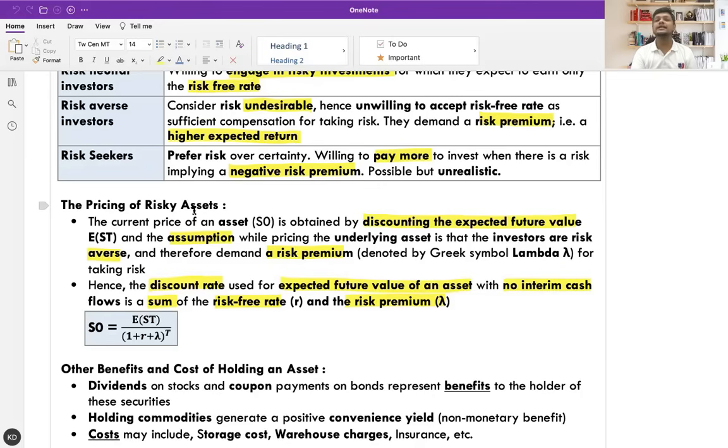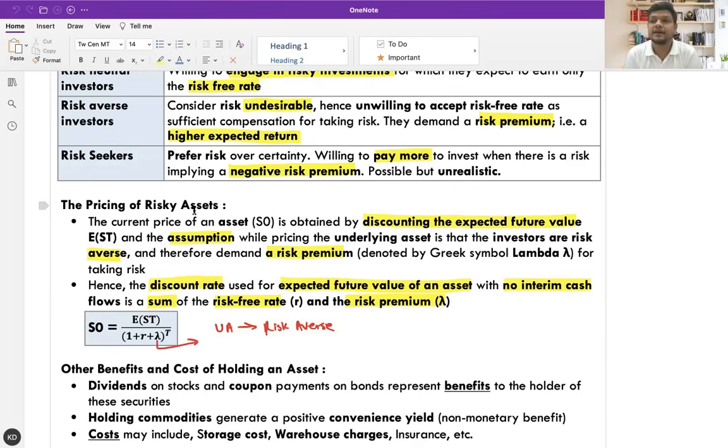And I'm not going to discount that with only the risk-free rate, but I'm also going to add one more thing, that is the risk premium. Do you notice this? This is because it is an underlying asset and here investors are assumed to be risk averse. That's the reason behind adding a risk premium in the CAPM equation. Is that clear, everyone?